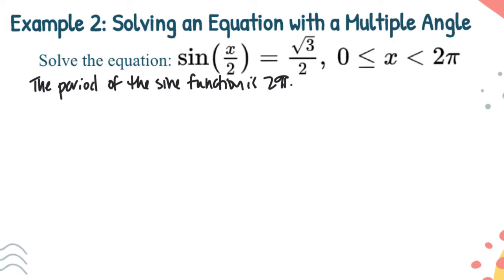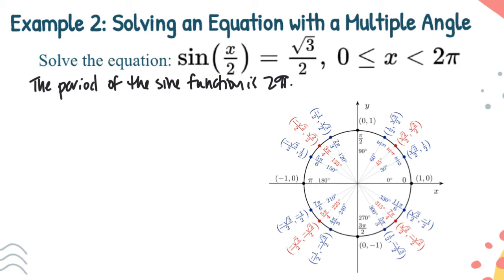So we need to find the solutions where sine of x over 2 equals square root of 3 over 2 between 0 and 2 pi, and the easiest way to do that is to begin with our unit circle. So if you see the unit circle, we're looking for any outputs in this unit circle that give us a y value of square root of 3 over 2.